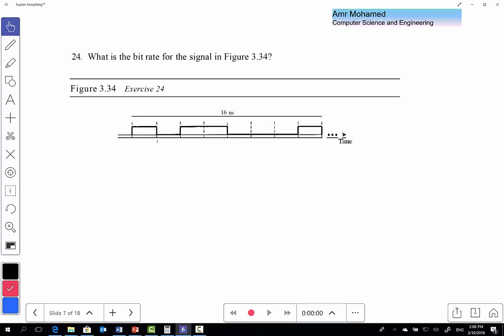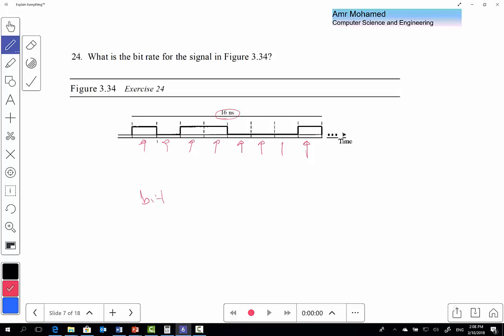So what is the bit rate for the signal in the figure? Okay, so this signal has how many bits? 1, 2, 3, 4, 5, 6, 7, 8. So we have 8 bits that take 16 nanoseconds. So what is the bit rate?